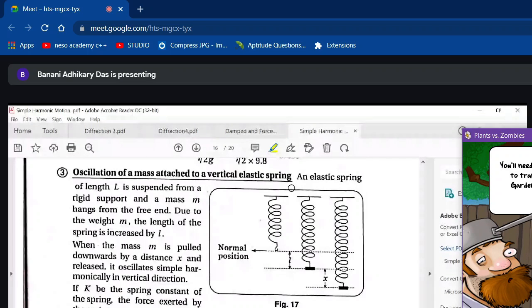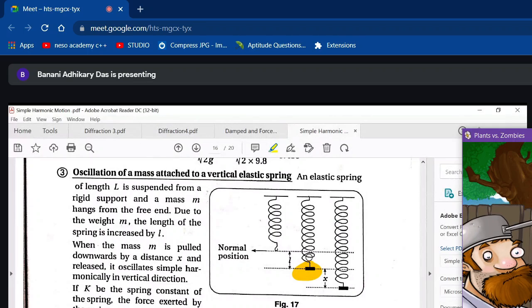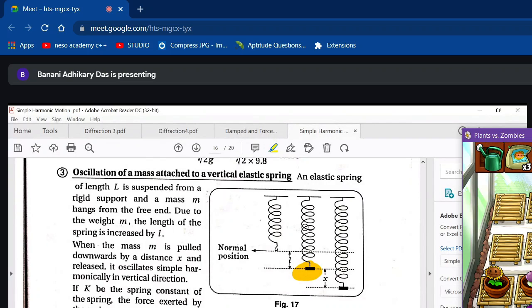This mass has a force acting downward. This is M into G. This M into G is balanced by the restoring force of the spring, given by the spring constant, which is balanced by this elongation L. If M is the mass acting downwards, there has to be some opposite force acting upward so that it balances it.